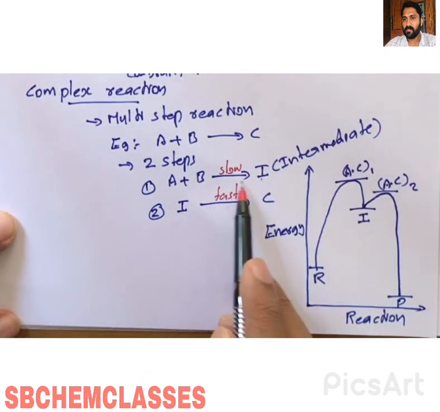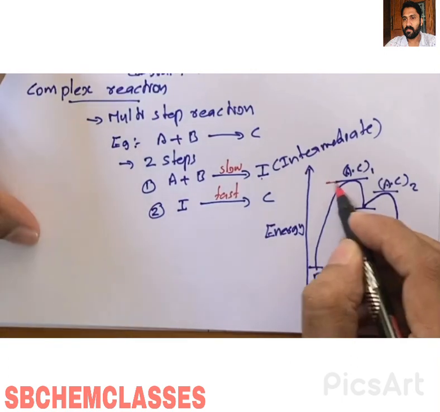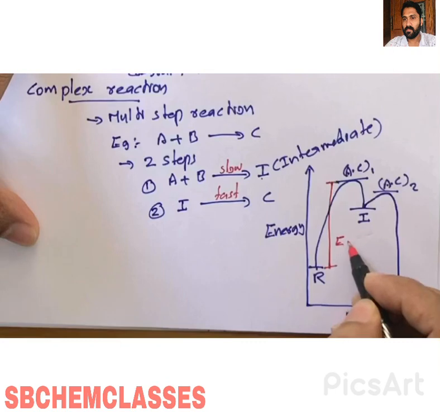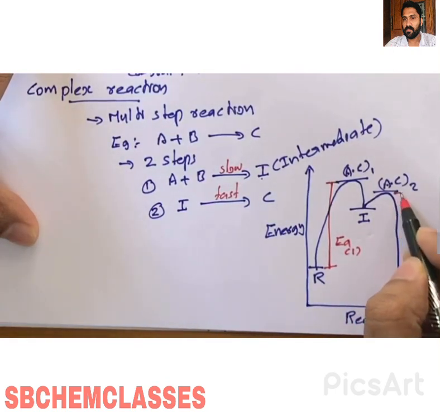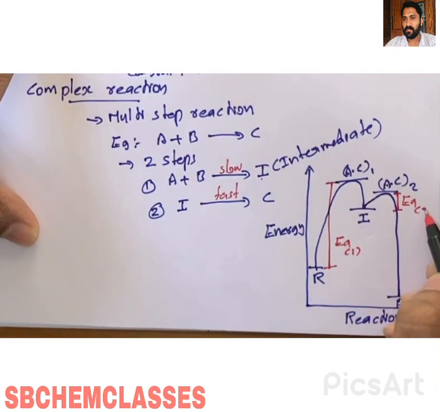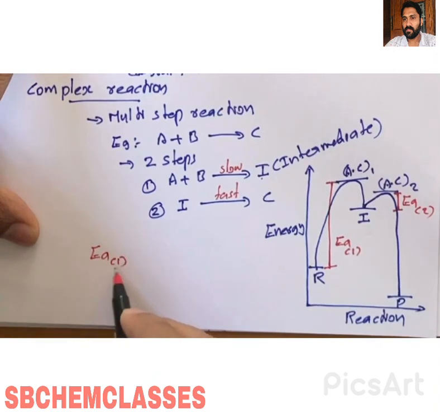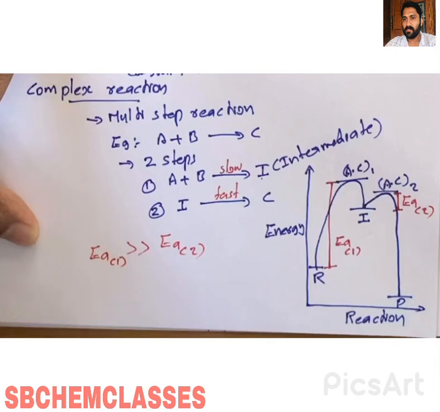The first step is the slow step. That means the first step has very high activation energy. It is EA1. The second step is the fast step. It has very low activation energy. So EA1 is much greater than EA2.